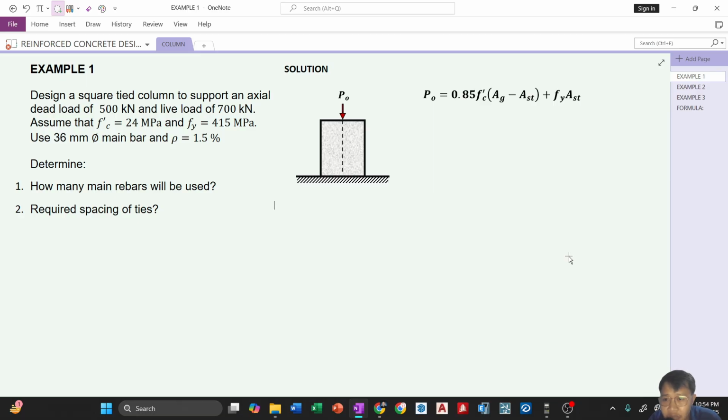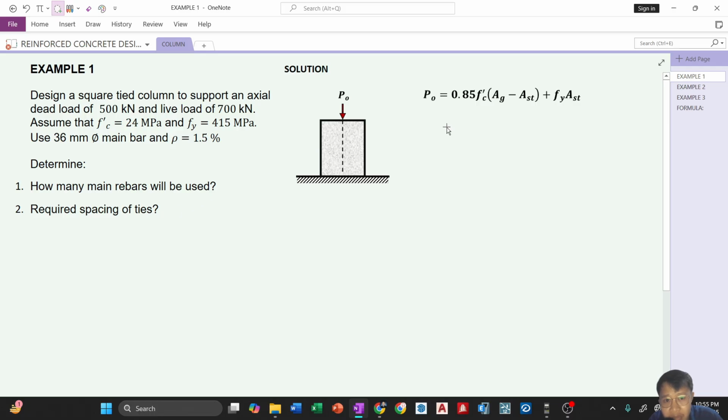So, the question in number 1 is how many main rebars will be used? Meaning to say, we need the area of steel so we can solve for how many 36 mm diameter rebars can be used. Using our formula P sub 0 here, we can actually solve for the value of AS.